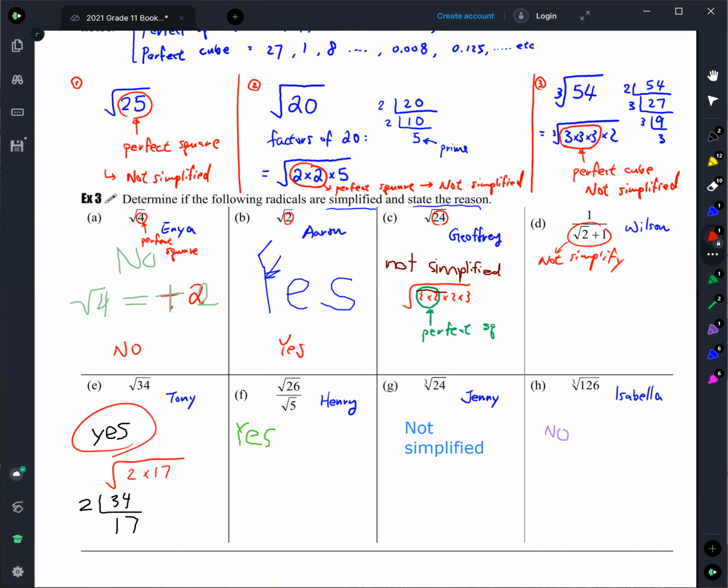Okay, Henry, do you see a square root? Do you see a square root in the numerator and the denominator? Yes. Okay, so if there is a square root in the denominator, what does that mean? Is it simplified?